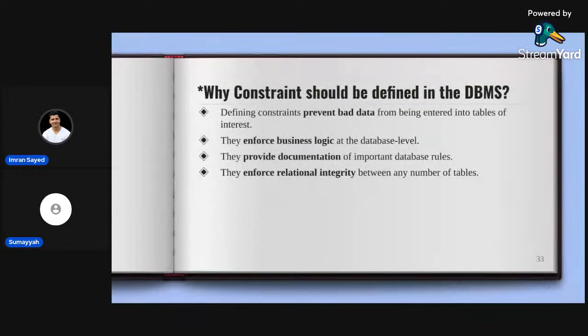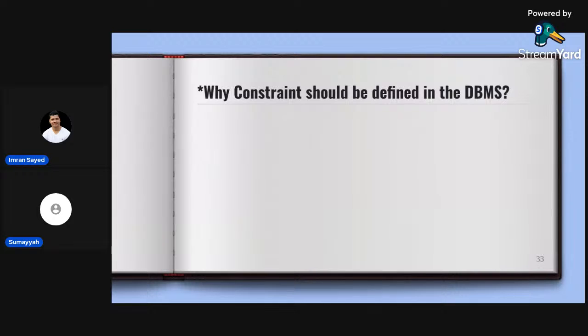Give me one point about why constraints should be defined in database management systems. They prevent bad data from being entered into the database. Another would be enforcing business logic on the database system. Another one: they provide documentation for the database. Another one would be they enforce relational integrity between different tables.